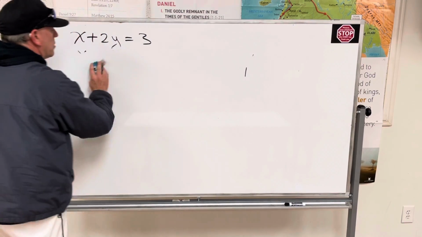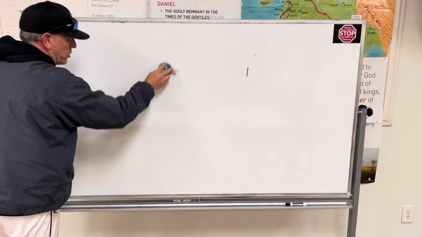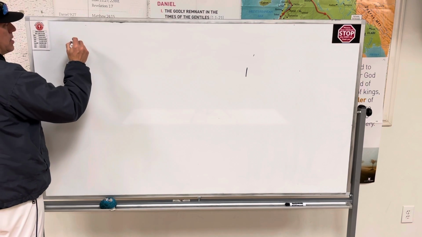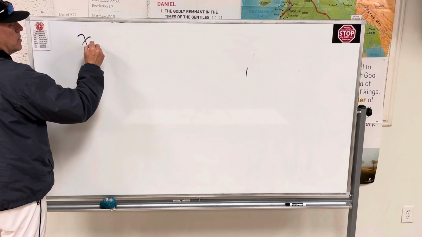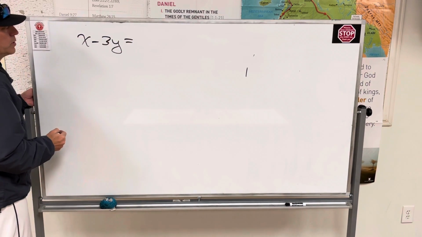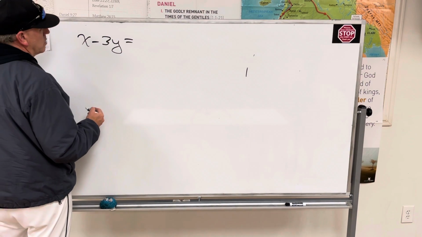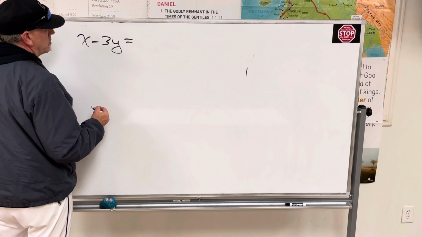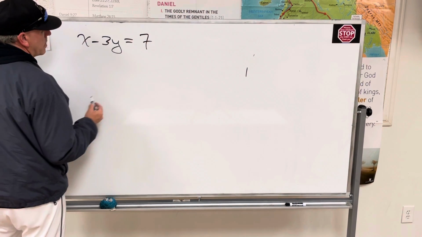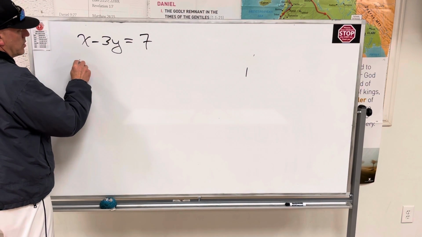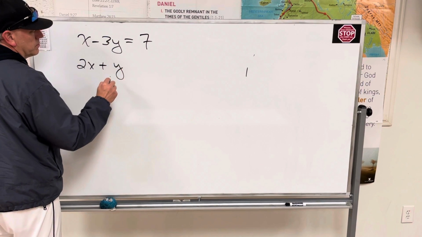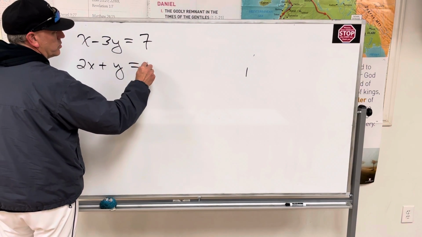All right, so let's take a look at this. Let's take another equation. Let's suppose we have x minus 3y is equal to 7, and 2x plus y is equal to 0.